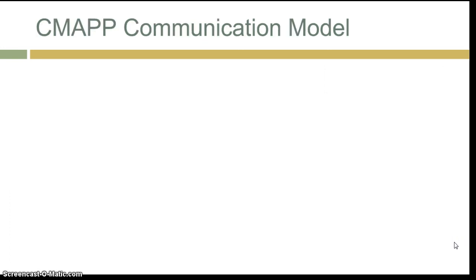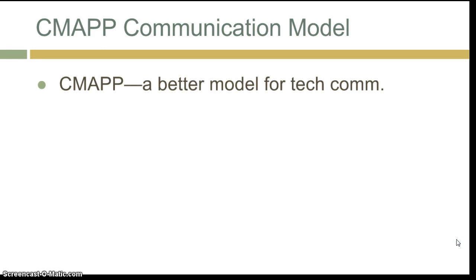I would like to suggest that there is another model we might consider using for technical communication, and this is called the CMAP communication model. I think that this is a better model for TechCom than the simple transaction model or the interference transaction model, and let me show you why. CMAP stands for context, message, audience, purpose, and product.